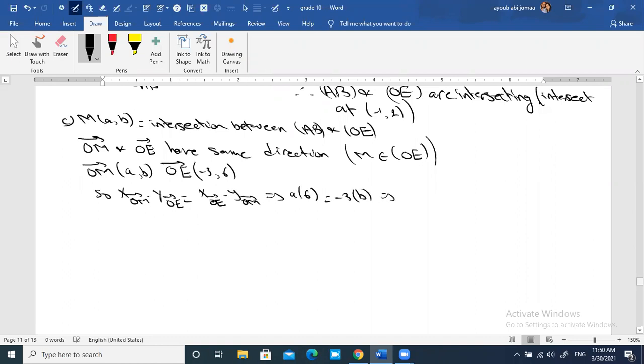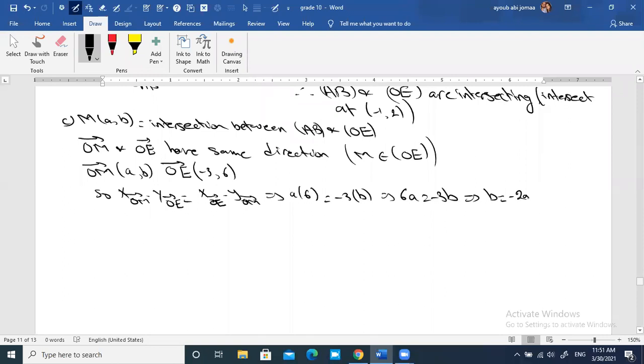Okay, so here you wrote 6A is equal to negative 3B. Then A is equal to negative 1 over 2B. Or you can say B is equal to negative 2A, so we don't go to fractions.